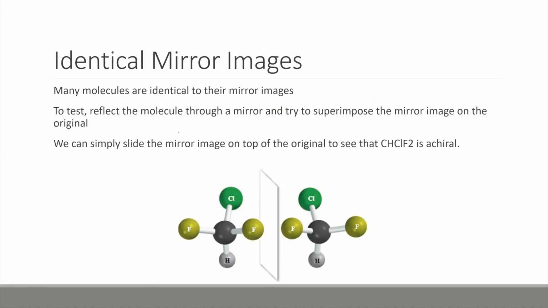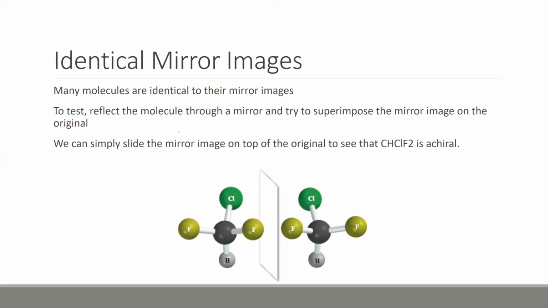And remember, many molecules are identical to their mirror image, meaning they are superimposable. You can always test by reflecting the molecule through a mirror in your mind and drawing it out, and then trying to superimpose the mirror image onto the original.